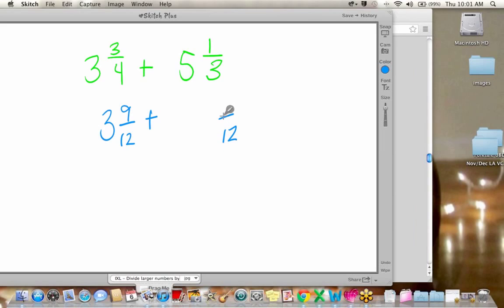And 4 times 1 is just 4. So those are equivalent now. So now I have an easier addition problem. Worry about your whole numbers first. What's 3 plus 5? 8. But then I have 9 plus 4, which is 13/12. What's the problem here?